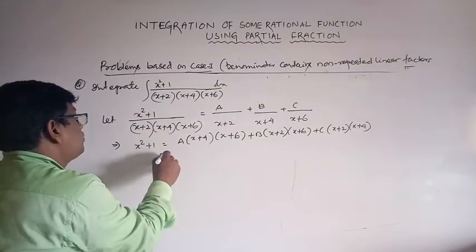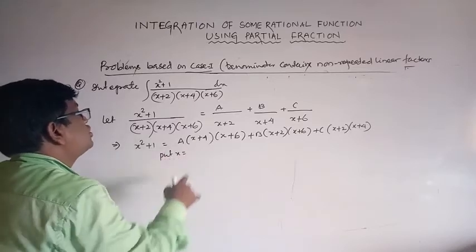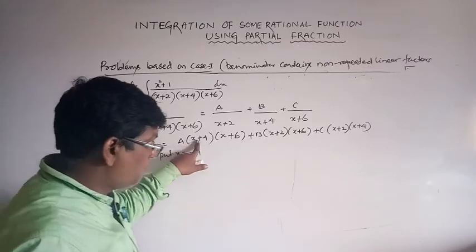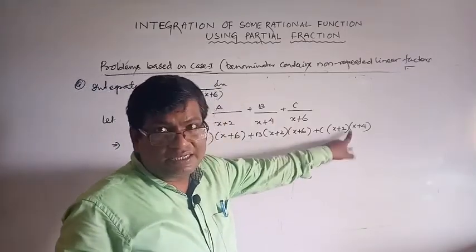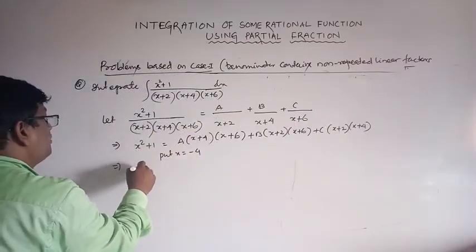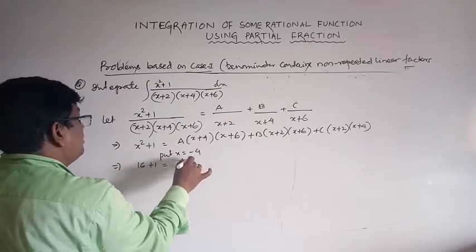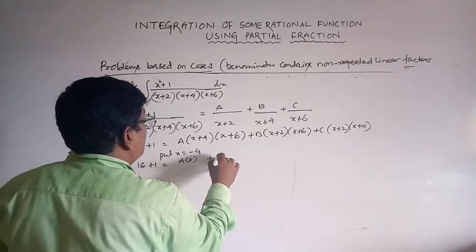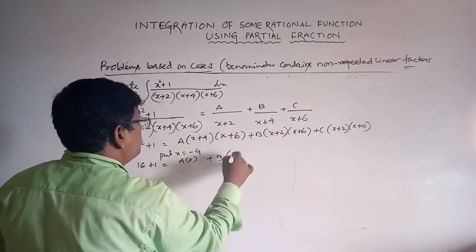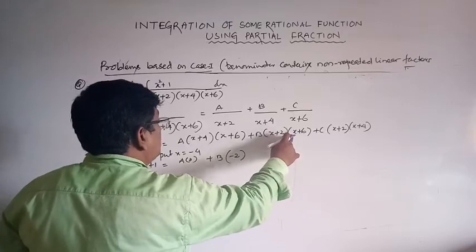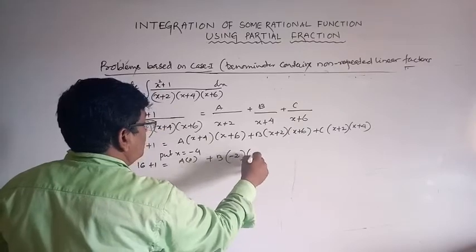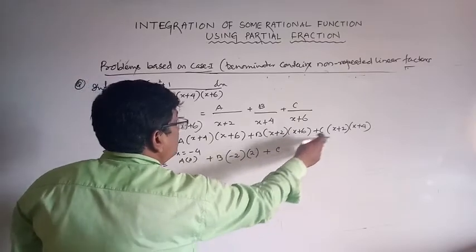Put x equal to minus 4. Then the first and last terms become 0. So minus 4 squared is 16, plus 1, equals A into 0 plus B into (minus 4 plus 2, which is minus 2)(minus 4 plus 6, which is plus 2), and C term is 0.